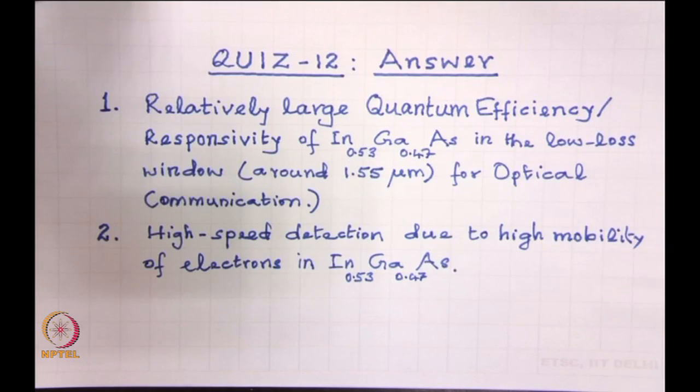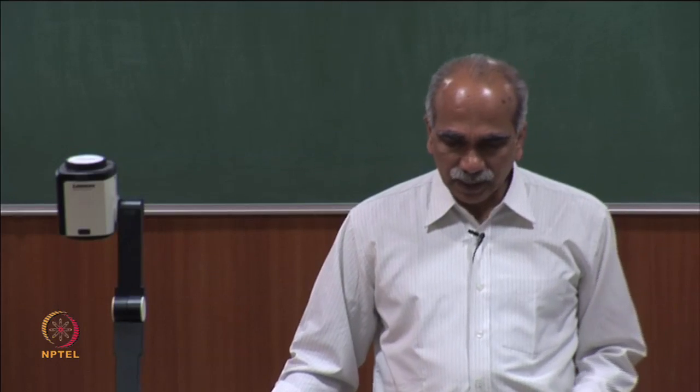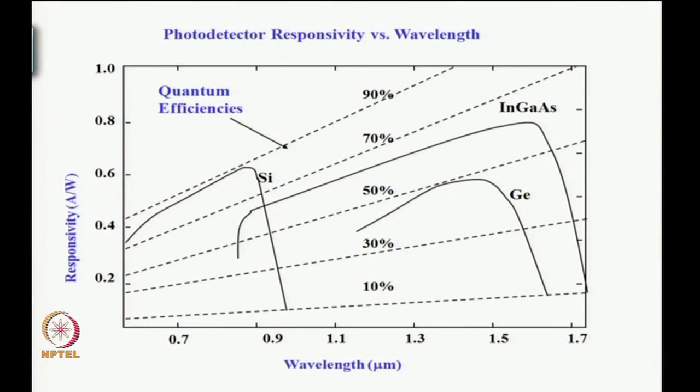efficiency. We may recall that in the last class we discussed the quantum efficiencies. We had shown this graph here of quantum efficiencies. So, we can see that silicon has a very good quantum efficiency in the range up to about 1 micron or less than that, going up to 90%, whereas indium gallium arsenide has a large quantum efficiency around 70% or so in the range of about 0.9 micrometer right up to 1.77 micrometer.